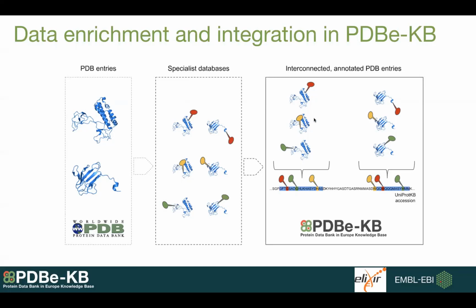The idea is to work together with all these data resources and software developers and integrate the data coming from them, map these annotations on top of structures, and map the structures on top of sequences so that researchers can get a full view of a protein, not just parts which are covered by specific PDB entries.